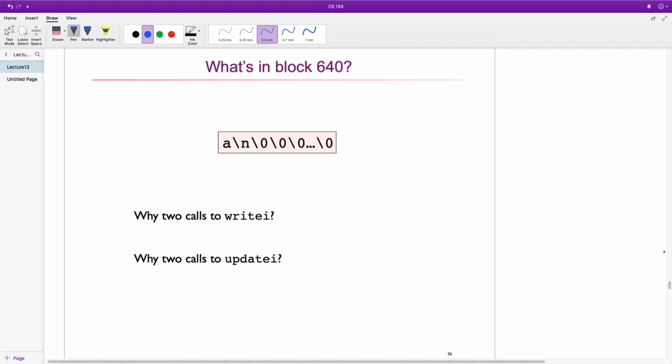We have 2 calls to write because we have 2 write system calls because printf is stupid in our user library. It could be smarter because the write system call does take an address, right, and a length. So it could make 1 call instead of 2. Because of the 2 write system calls, the size of the file is first becoming 1 and then becoming 2, and so therefore we have to write the inode twice as well.